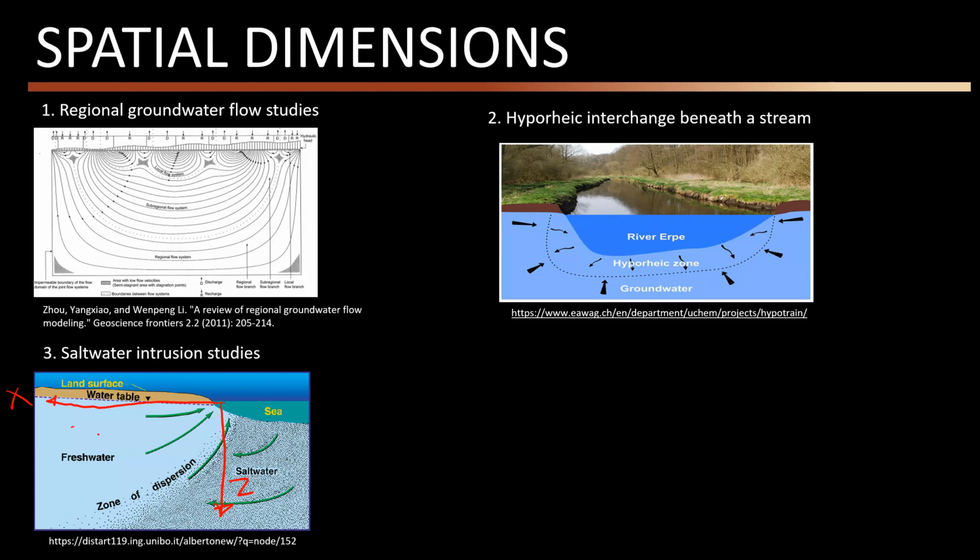So we want to know how the head changes at these points. And as you know, the oceans are huge. If this is my ocean, I can assume that, talking about this direction, the water gets into the ocean parallelly. So I can ignore what's going on in this axis and just focus on this streamline and the z direction. Okay, so this is another form of practical 2D groundwater models.